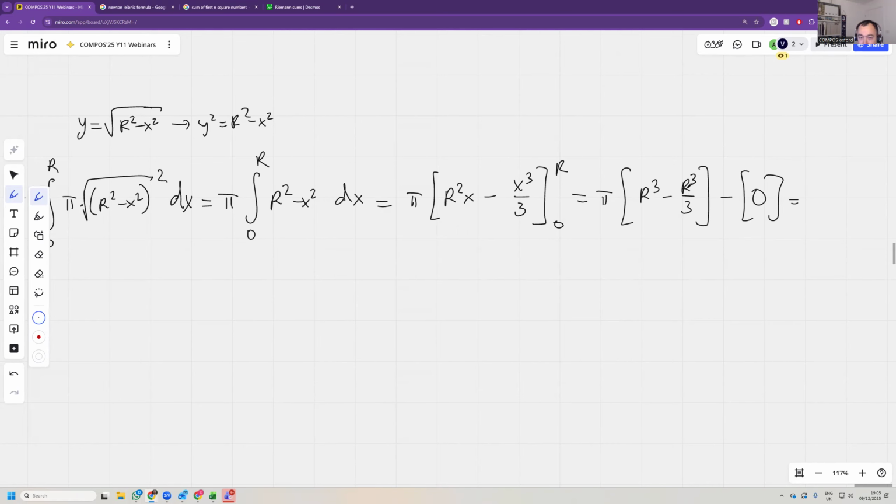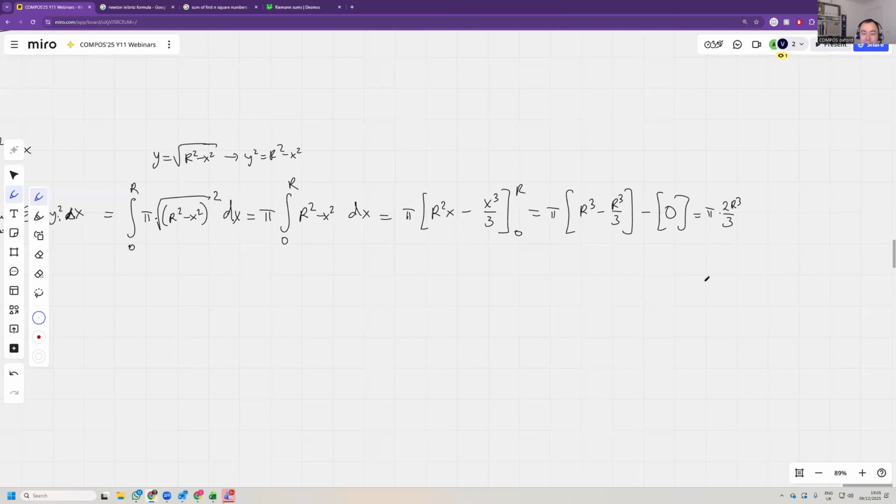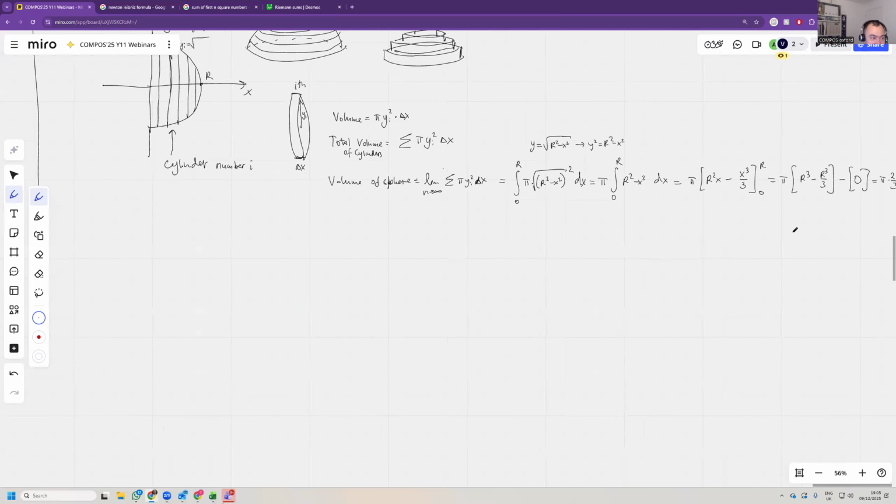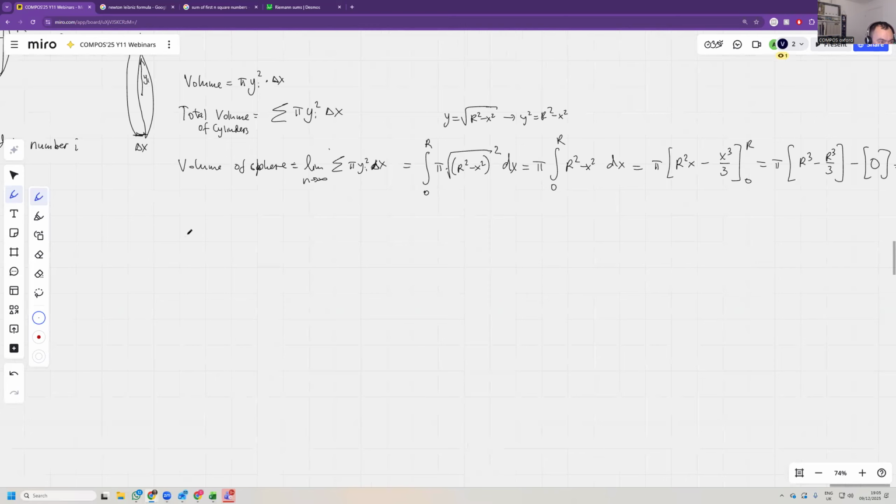So r cubed minus r cubed over 3 is 2r cubed over 3. So pi multiplied by 2r cubed over 3. And that's the volume of a semisphere. So the volume of a semisphere is 2/3 pi r cubed.